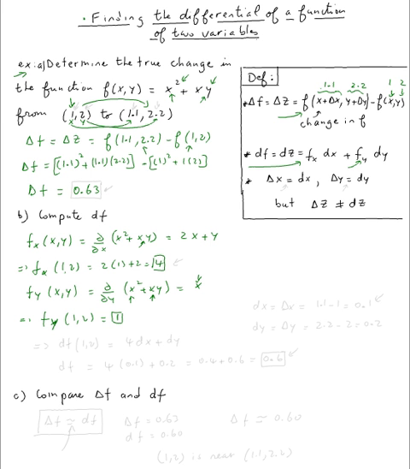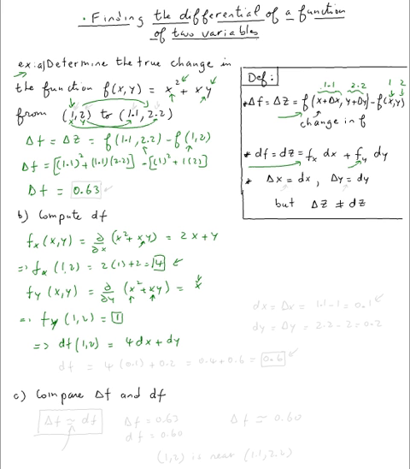Alright, now what's next? Now this means that df at the point (1, 2) will be equal to, what is fx? Fx is right here, so it's going to be 4 dx plus 1 dy.